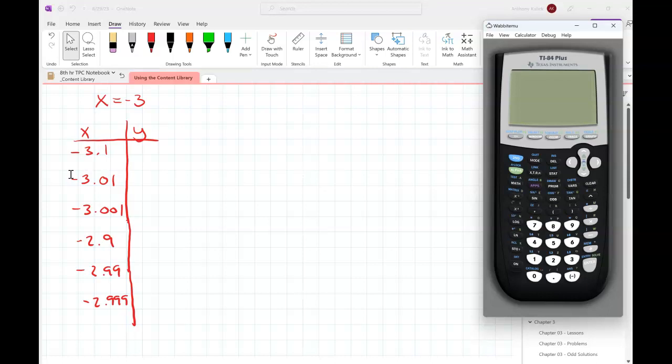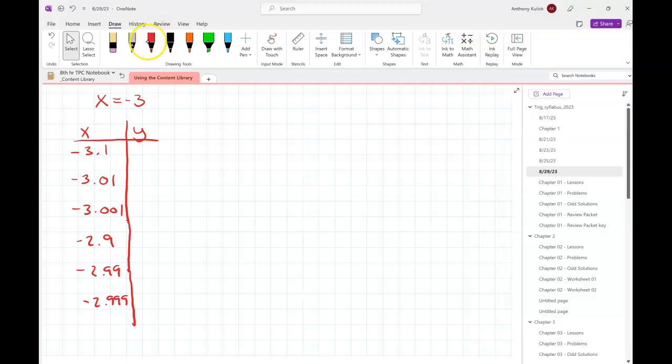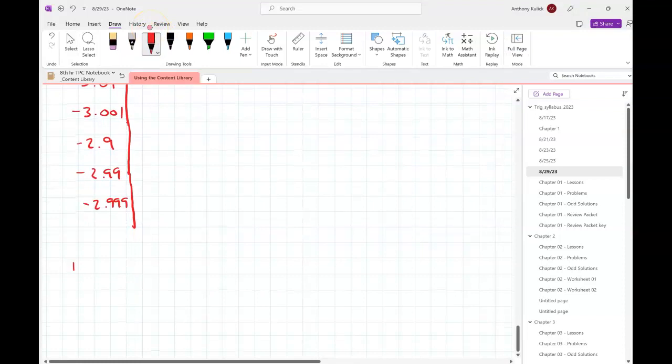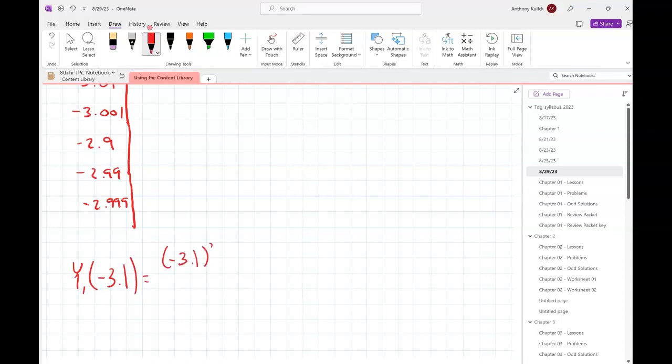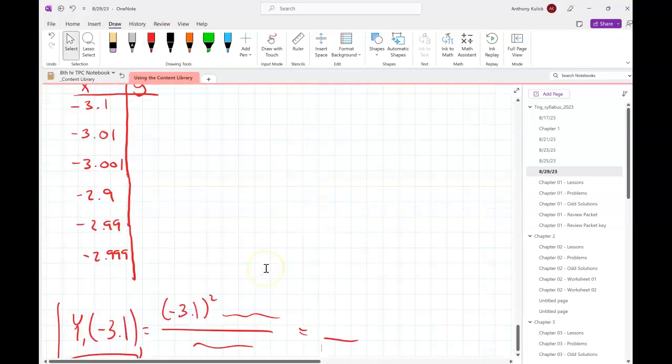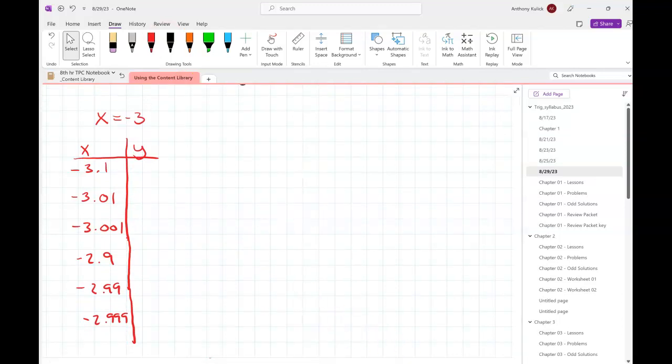So if I wanted to plug -3.1 in, what I want to do is type this, and it'll do that plugging in for me and just spit out whatever that number is. Okay? So that's the notation that we're going to use.